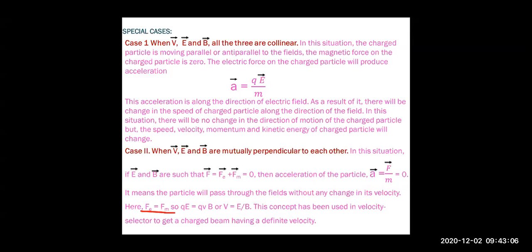The force due to the electric field, Fe, is equal to the force due to the magnetic field, Fm. The forces are not going to be 0, but the total force is going to be 0, because Fe and Fm are equal, and once they are equal, they cancel each other out. So if Fe equals Fm, we know Fe is QE. And Fm is the magnetic force, that is QVB.